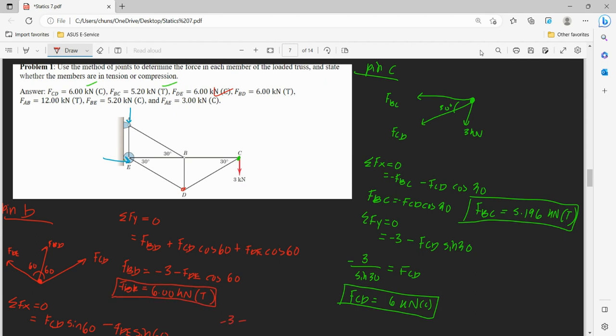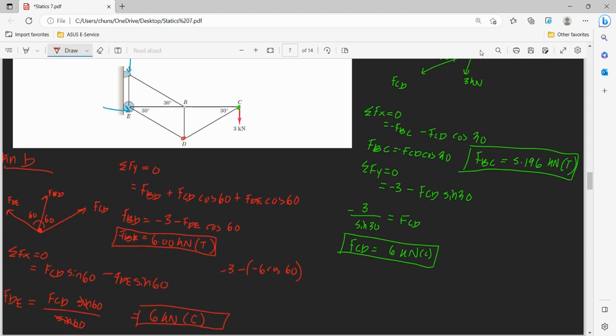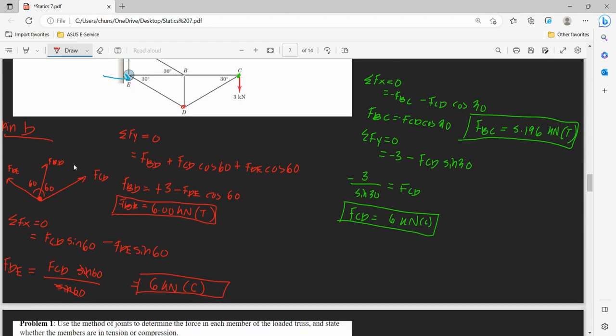So this is negative 3 minus negative 6 cos 60. So it's negative 3. Oh, sorry, this is supposed to be positive 3. That would be y. Okay, there we go. So we've solved those two.